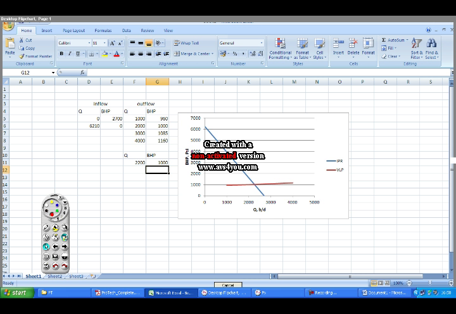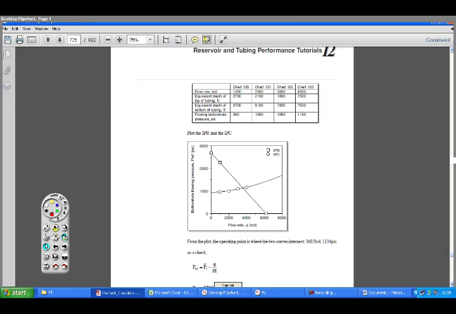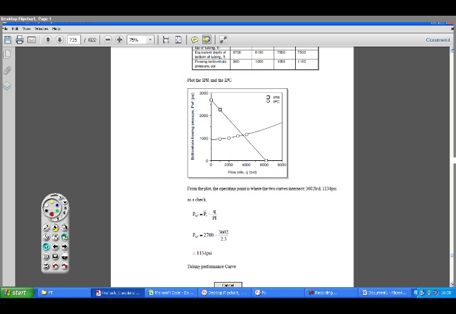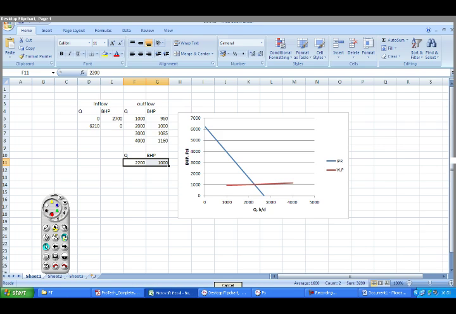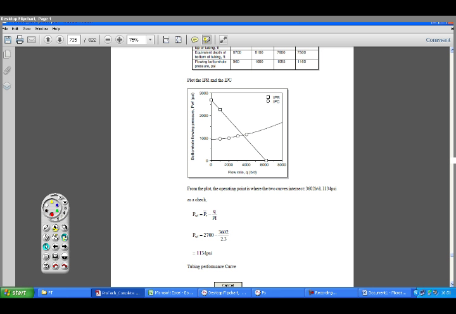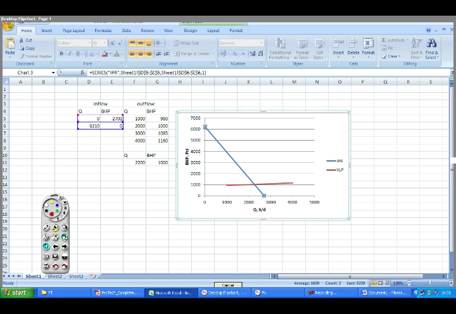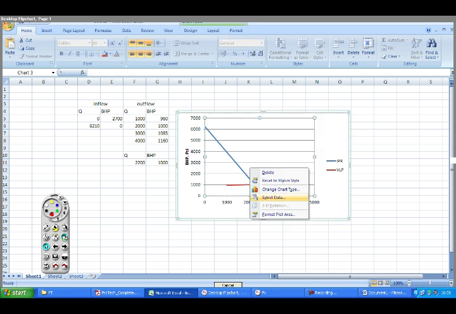Let's compare my value against the correct value in the tutorial solution. Yes, so the rate is interesting. Right, okay, I see the problem. I think I've swapped this line here.